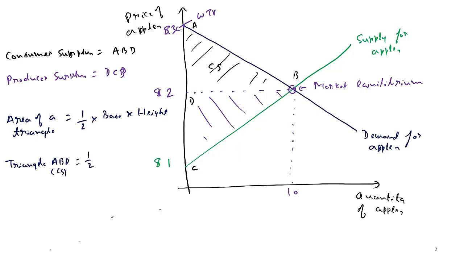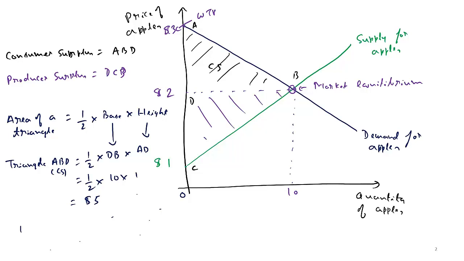So we have half times, what's the base? Base is this DB, times what's the height? Height is AD. So we can find it: half times DB is 10, because this goes from here 0 to 10. And what is AD? AD is 1. So your consumer surplus is $5.